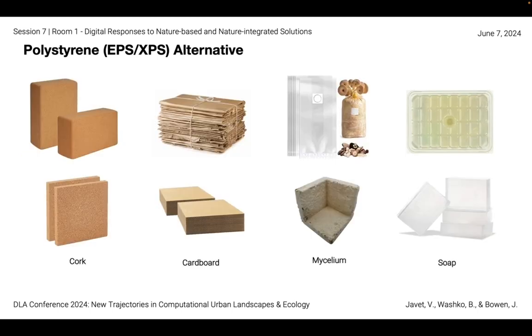After a review of terms such as sustainable, green, and environmentally friendly building materials, as well as plant-based and eco-friendly model-making packaging, the study selected cork, recycled cardboard, mycelium, and soap as materials that are overarchingly readily available, lower cost, and renewable.